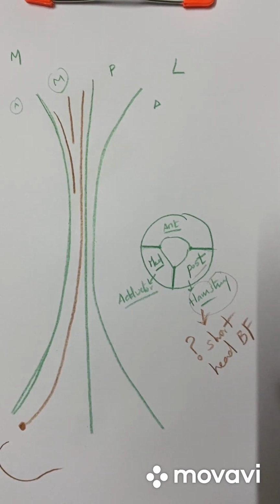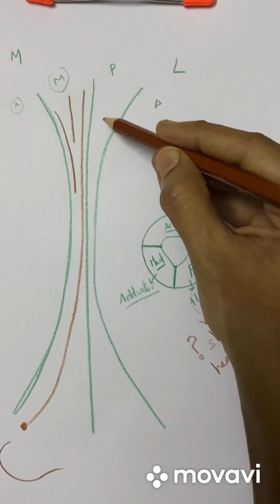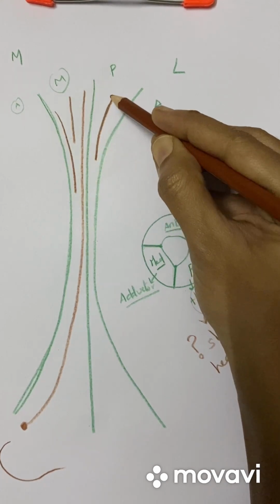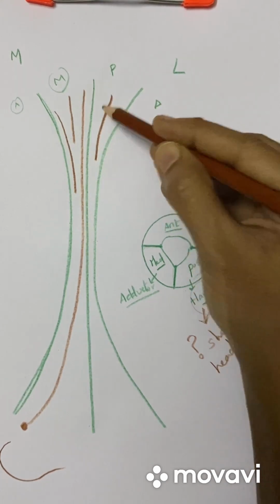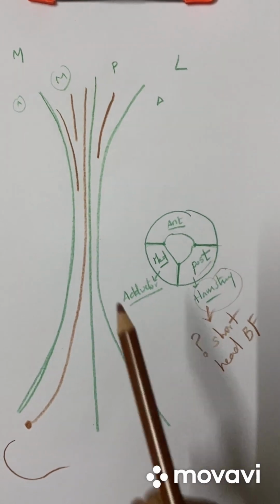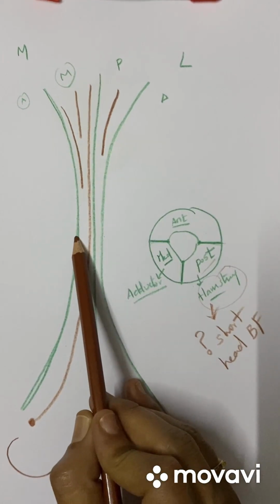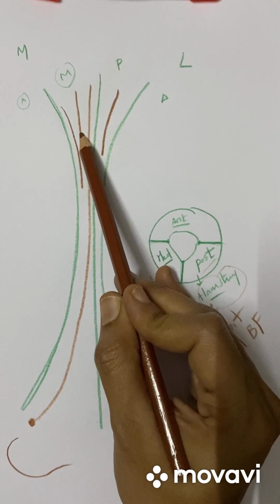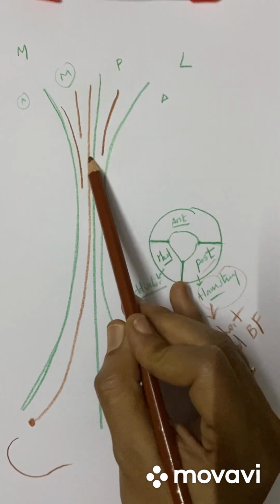Now from medial to lateral: to the medial lip of linea aspera, vastus medialis muscle, vastus medialis, adductor longus, adductor brevis, adductor magnus, posterior intermuscular septum, short head of biceps femoris, vastus lateralis.